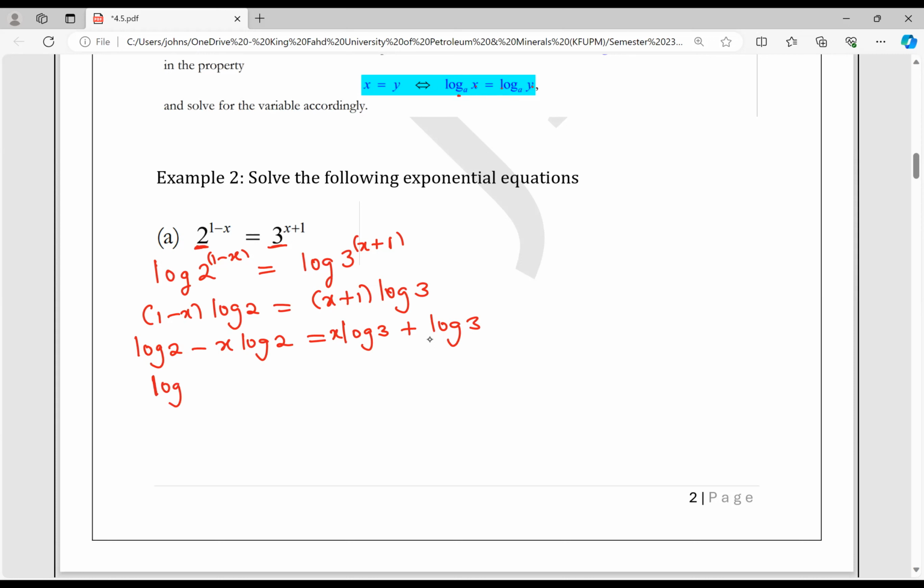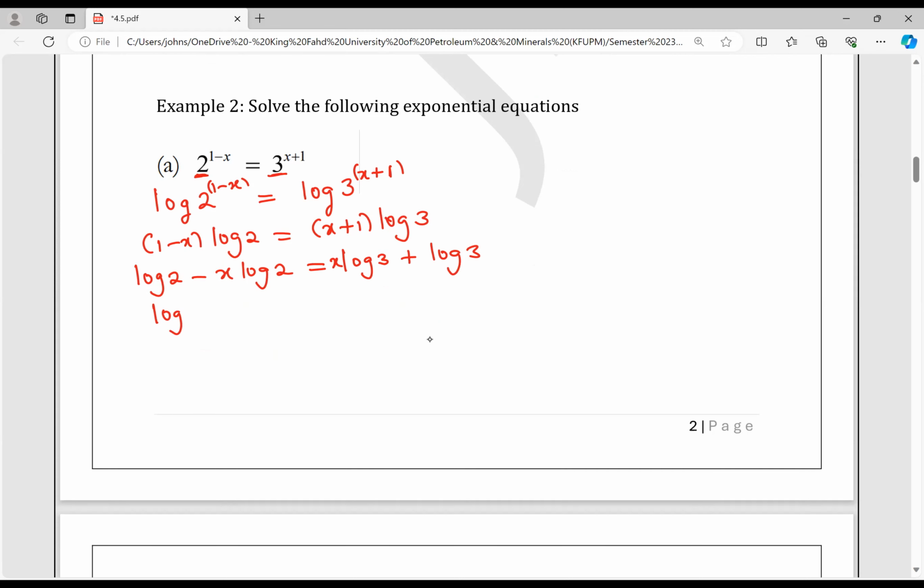Yeah. So now let's put the x's together. The term without x, log 2, we can bring log 3 from the other side.